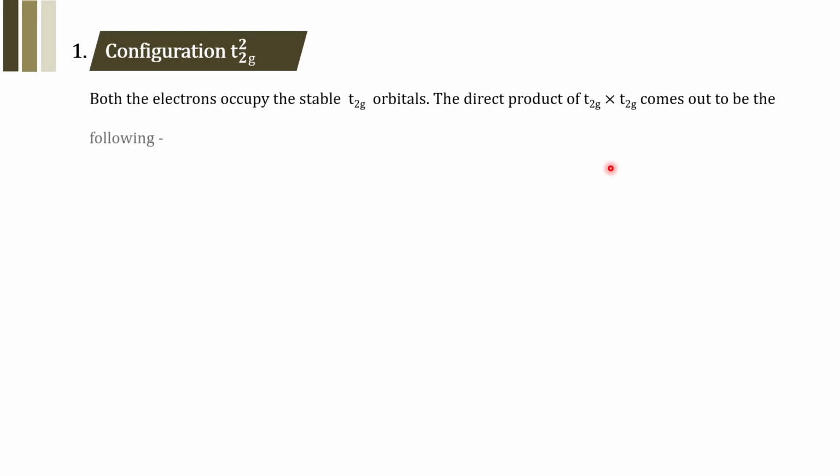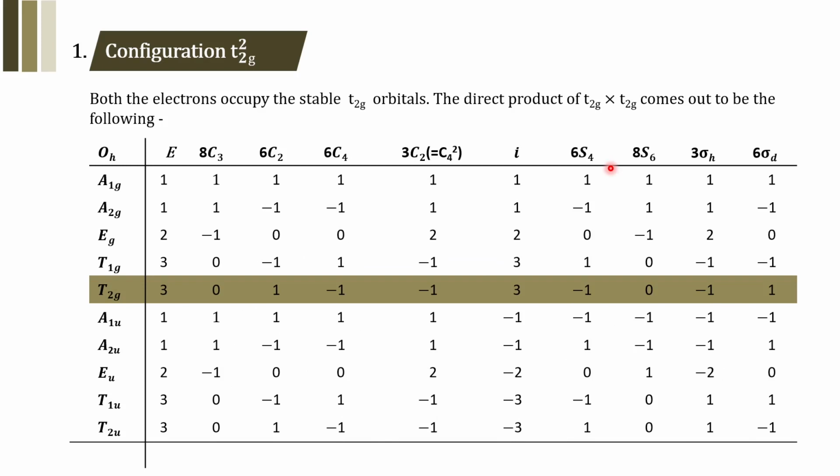So let's begin with the configuration of t2g2 type. Here, both the electrons may occupy the stable t2g orbitals, and their direct product would come from the character table for the octahedral point group, that is the Oh point group.